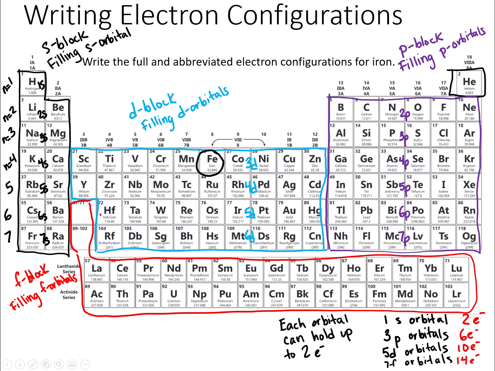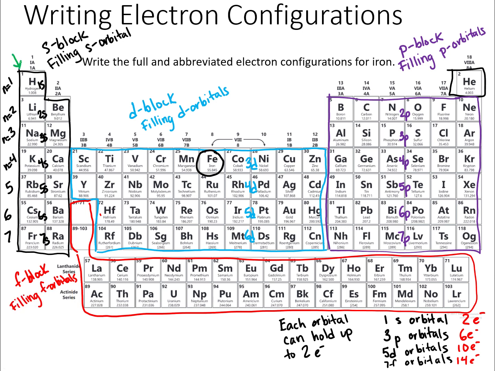We won't need the F's, so I'll leave them. We need to write the full electron configuration for iron. I'll write that in green.